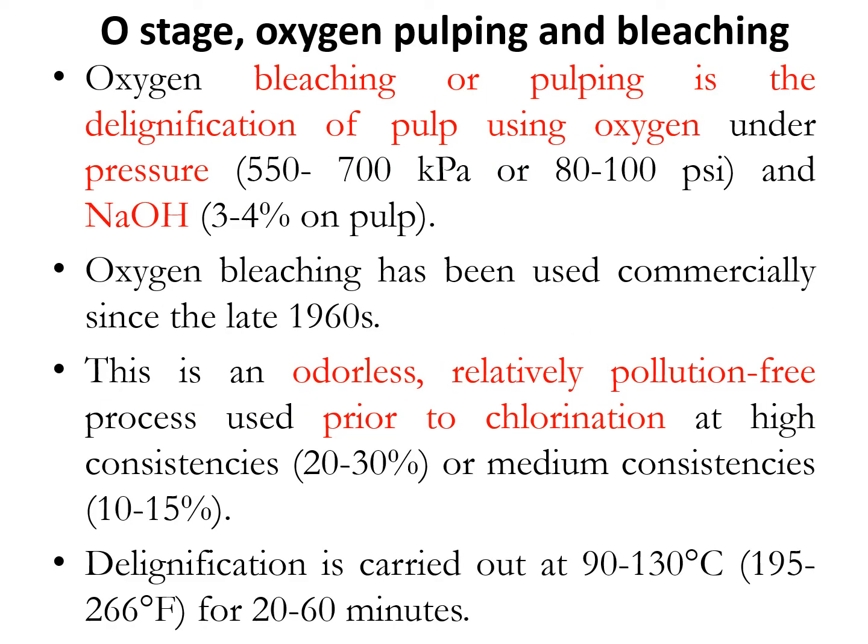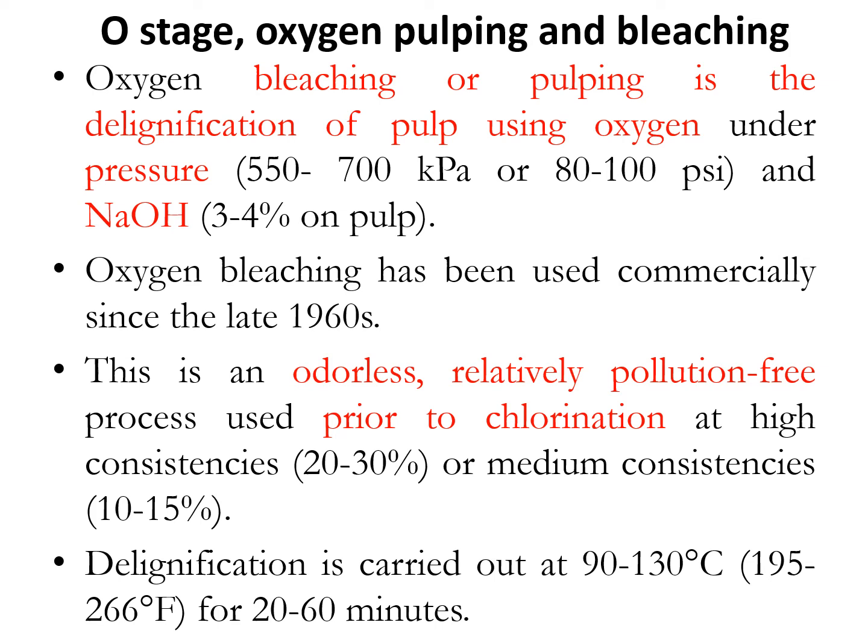Now the O stage, or oxygen bleaching. Actually, oxygen bleaching is used prior to the chlorination. Bleaching with oxygen is a delignification of pulp using oxygen under pressure of 80 to 100 psi and in the presence of NaOH.